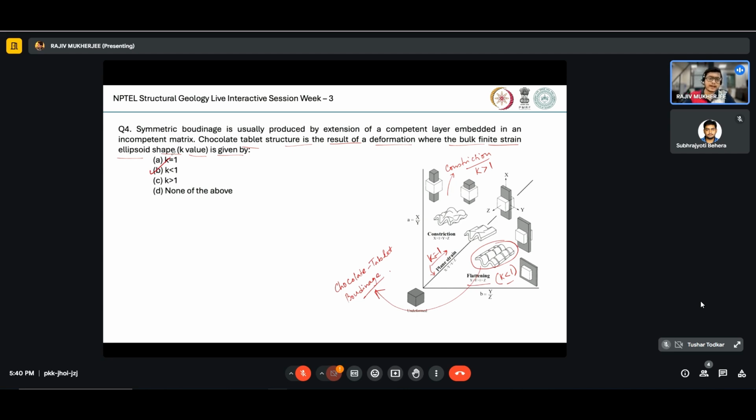So chocolate tablet boudinage occurs within the flattening regime.